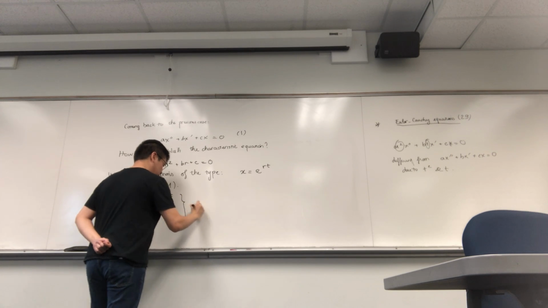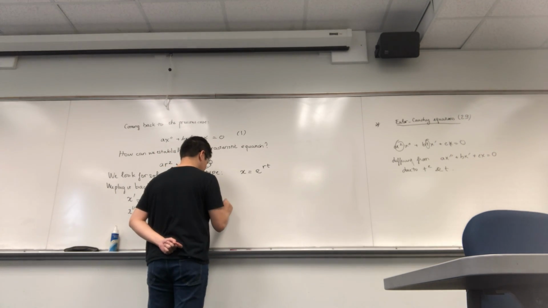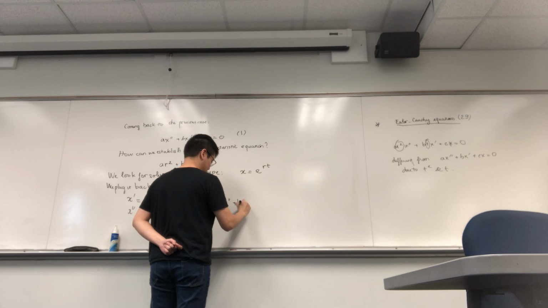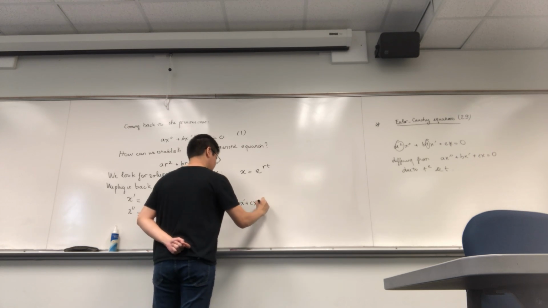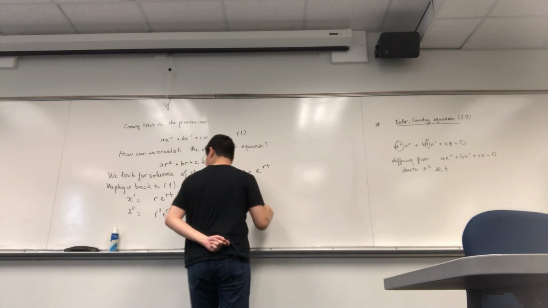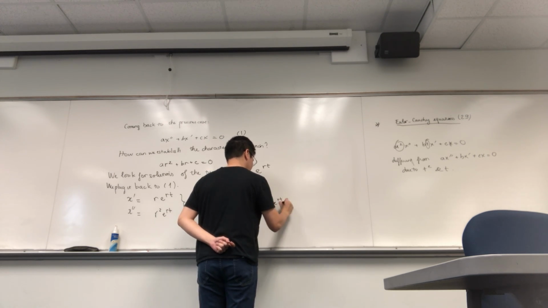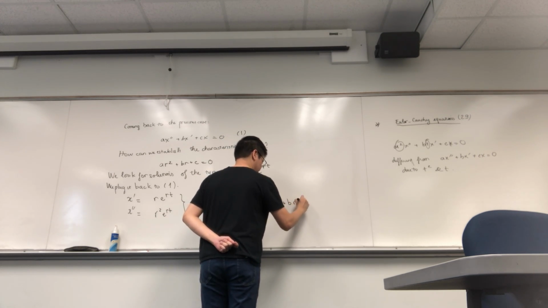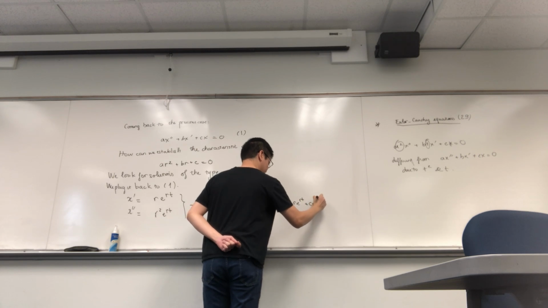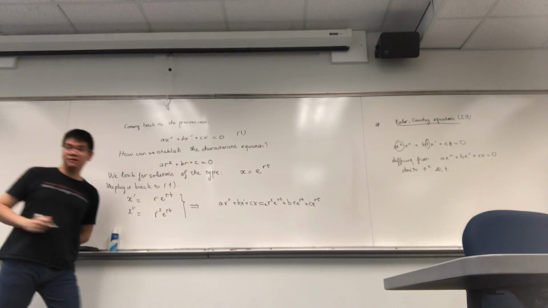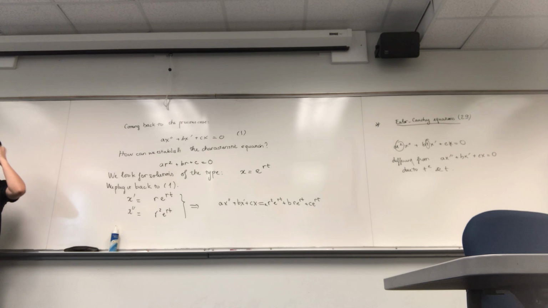So when you put everything together, you get r squared e to the rt times a plus b r e to the rt plus c e to the rt. This is what you get.